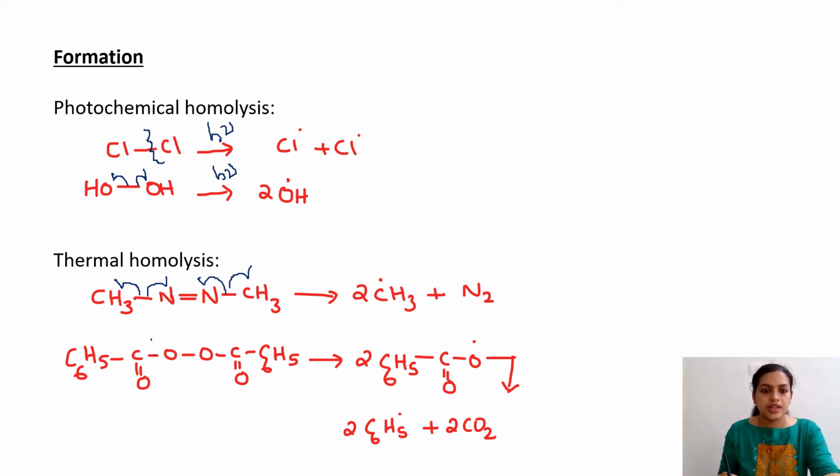The first cleavage takes place here, and 2 portions are obtained, and then from here also the bond is cleaved like this, so that a carbon dioxide molecule is expelled and we get the C6H5 radical.